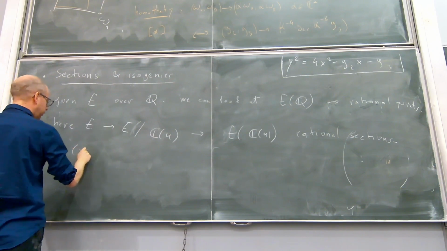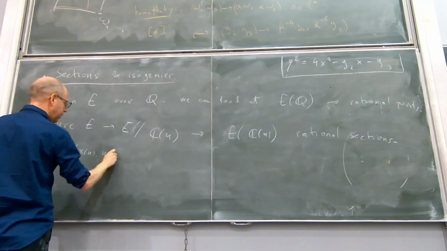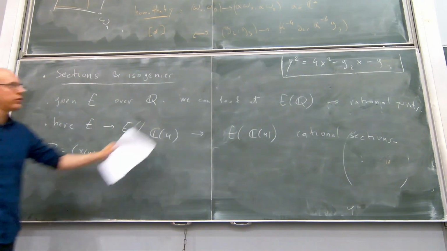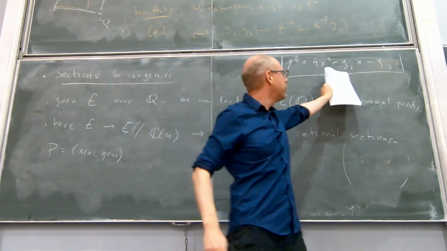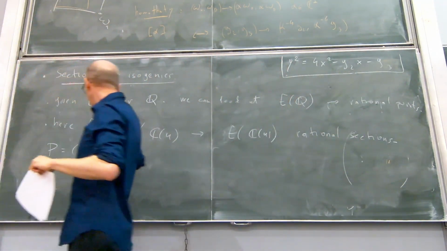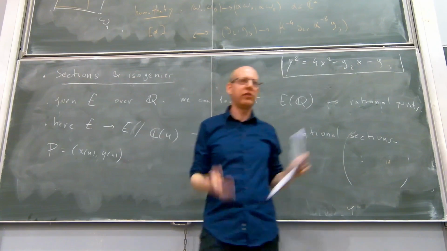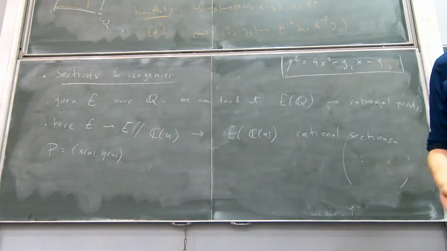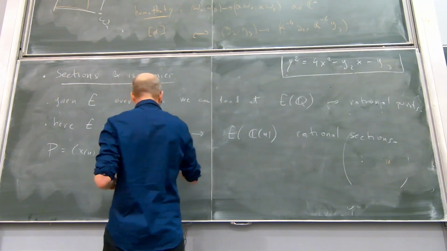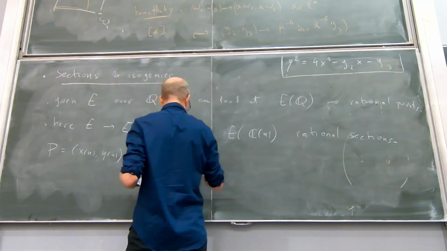P is some solution x of u, y of u, right? So this is a point on the elliptic curve, so it's a solution to this equation. G2 and G3 are rational functions of u, so you want solutions where x and y are rational functions of u. In general, there might or might not exist such solutions. If they exist, we have the Mordell-Weil theorem.